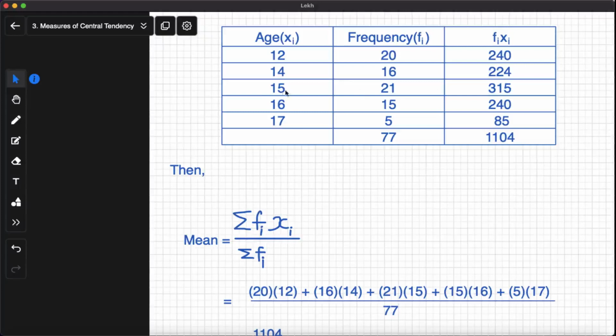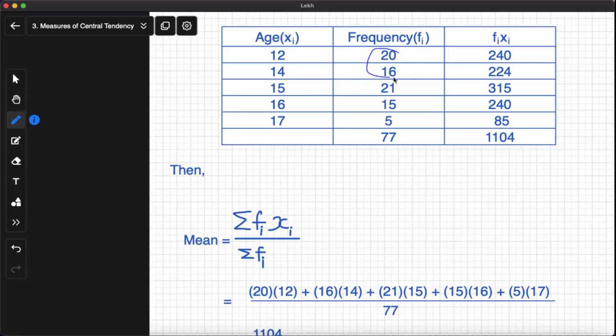So definitely it means that your 39th value has to be 15. Let me show what I'm saying.